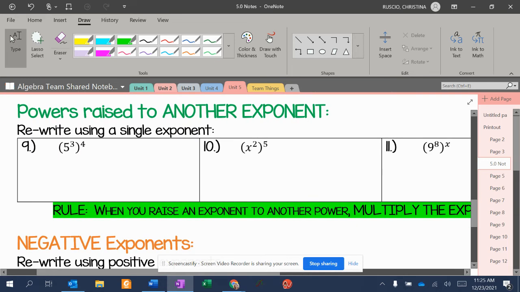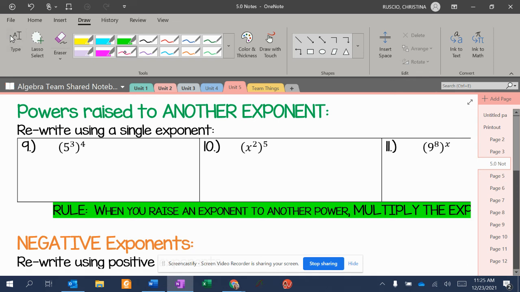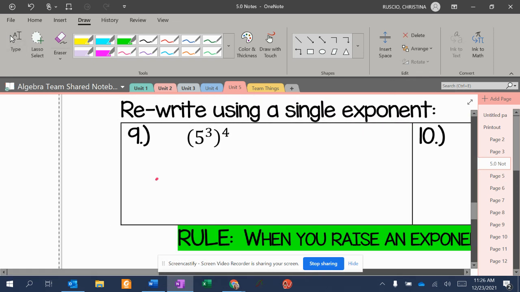Can't group them together. All right, powers raised to another exponent. So 5 to the 3rd, all raised to the 4th. So what this is telling us to do is take 5 to the 3rd and multiply that by itself 4 times. Well, this is just like adding exponents now, right?